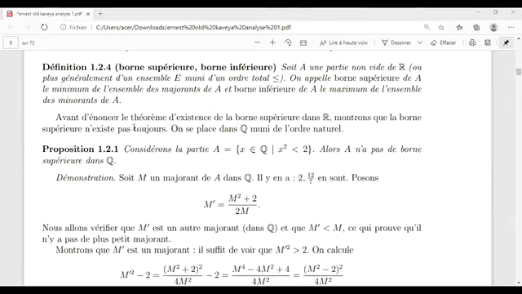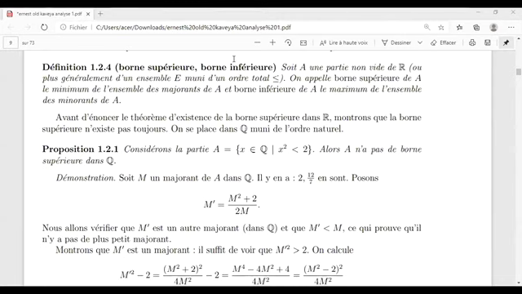Donc, avant d'énoncer le théorème d'existence de la borne supérieure d'un R, montrons que la borne supérieure n'existe pas toujours. On se place dans les nombres irrationnels muni de l'ordre naturel. This question was asked in my exam, so I'm going to solve it in the TD.